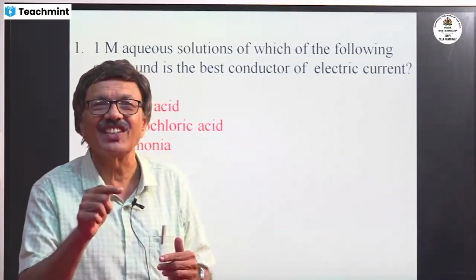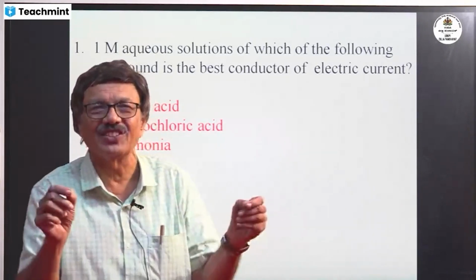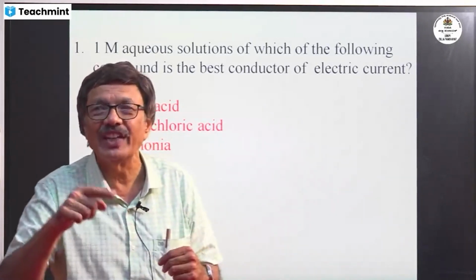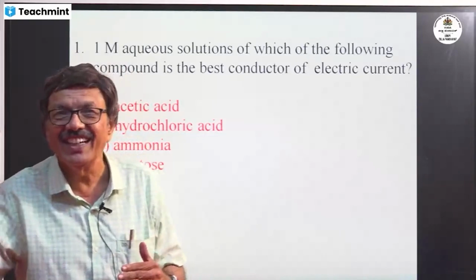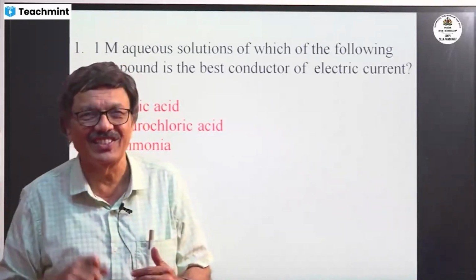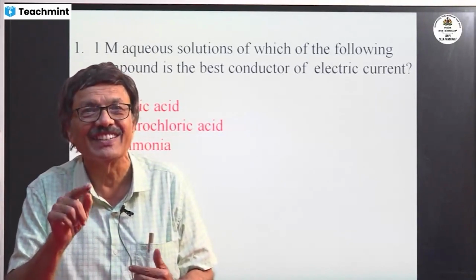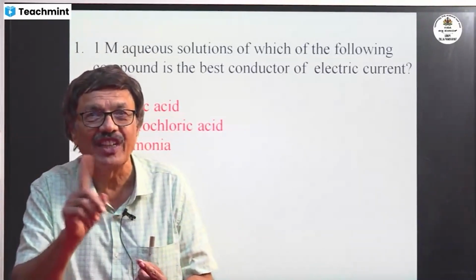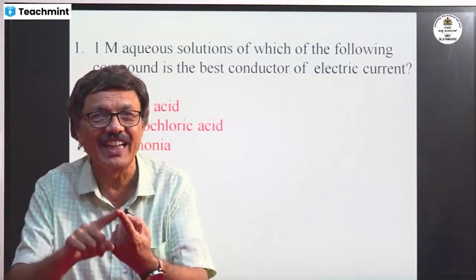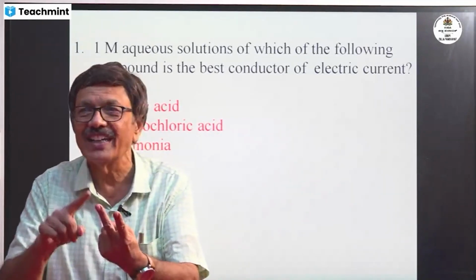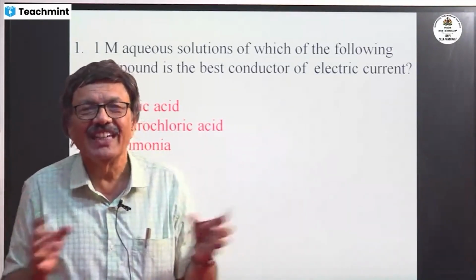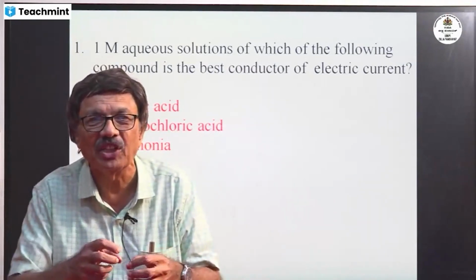Here, the conduction is due to the movement of the electrons. So, we call them electronic conductors. Another is electrolytes. Electrolytes are the substances which conduct electricity not in their solid state, but either in their molten state or in their aqueous solution. Here the conduction is due to the movement of the ions.